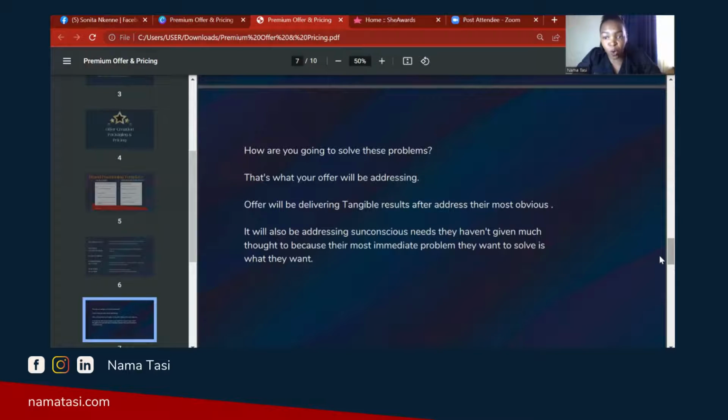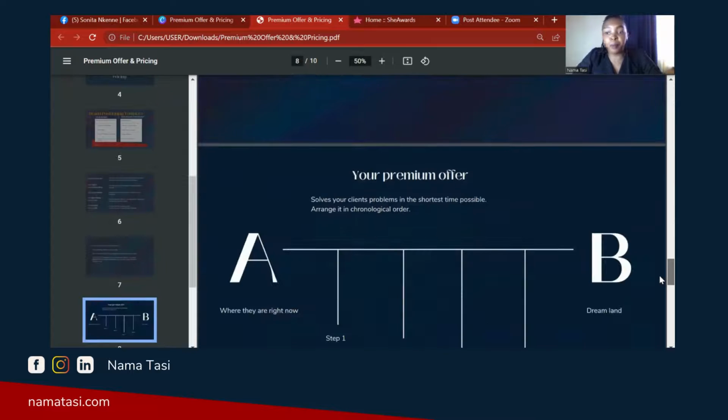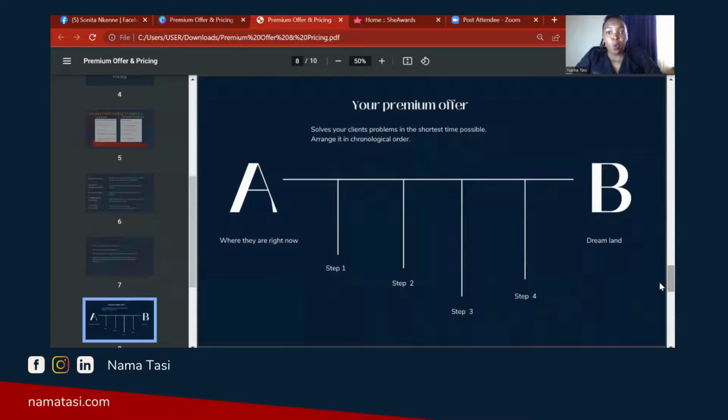All right, so your premium offer. Once you have in place your point A, where your client is at, and point B, where they want to be, the results that they want, now you can start creating steps to achieving that. Let's imagine I'm standing on this side of the shore, and there's a huge river in between.